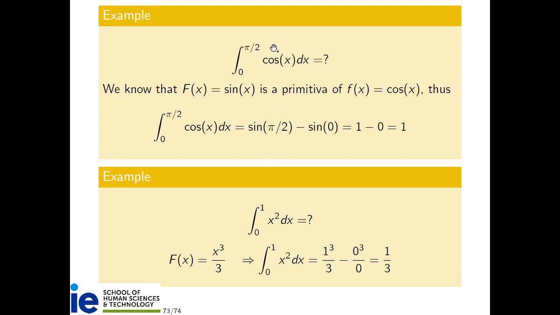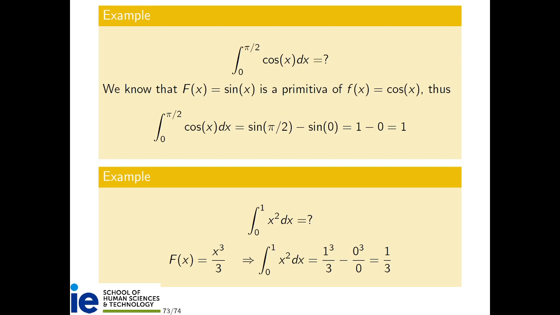So I want to compute the integral of cosine of x between 0 and pi over 2. Now in the previous examples, we deduced that a primitive of cosine is sine. Why is that? Because if I computed the derivative of sine, then that's cosine.